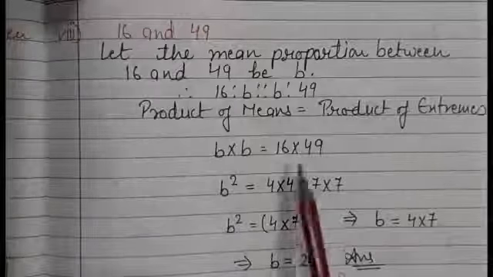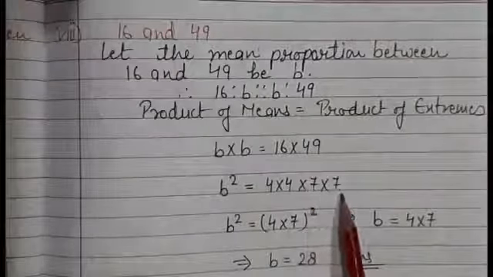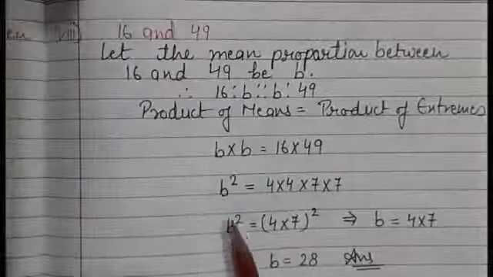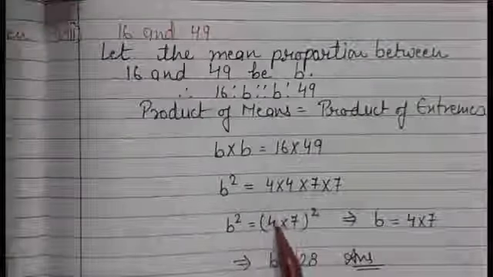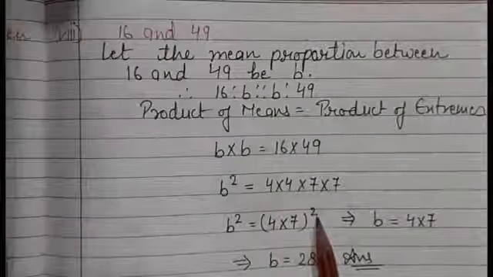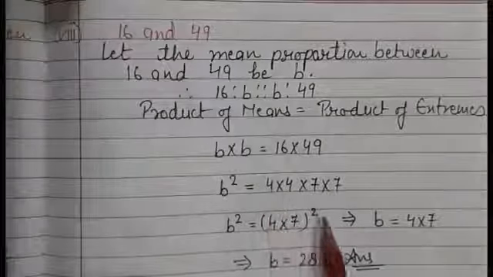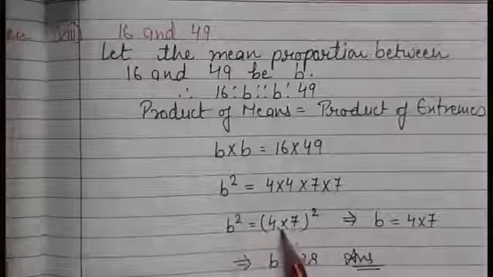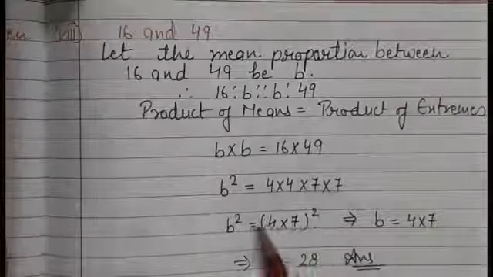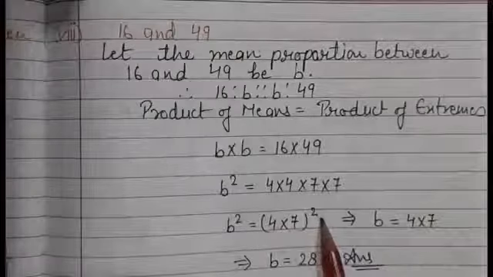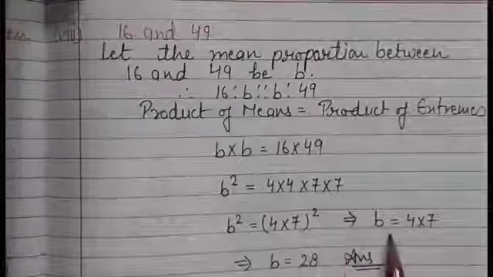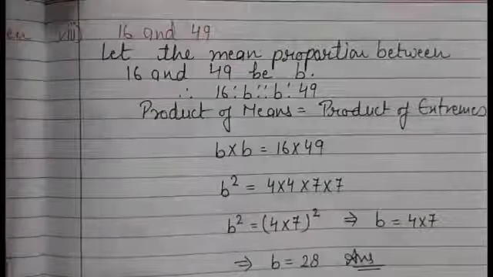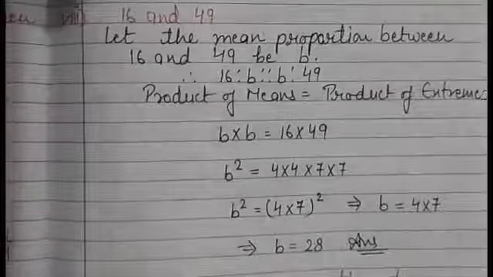Right? And 49 we can write as 7 into 7. So 4 into 4 into 7 into 7 will come. Now b square is equal to 4 into 7 whole square. Right? Because 4 is coming 2 times and 7 is also coming 2 times. b square equals 4 into 7 square, from both sides we can cancel out the power 2. So b will come equal to 4 into 7, 4 sevens are 28. So that means the mean proportion is 28.